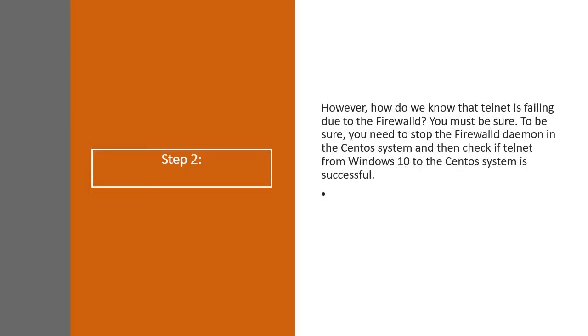Step 2. However, how do we know that telnet is failing due to the Firewalld? You must be sure. To be sure, you need to stop the Firewalld daemon in the CentOS system and then check if telnet from Windows 10 to the CentOS system is successful.